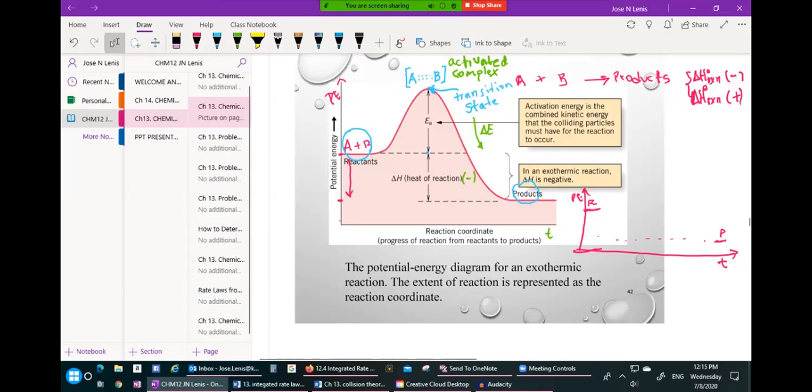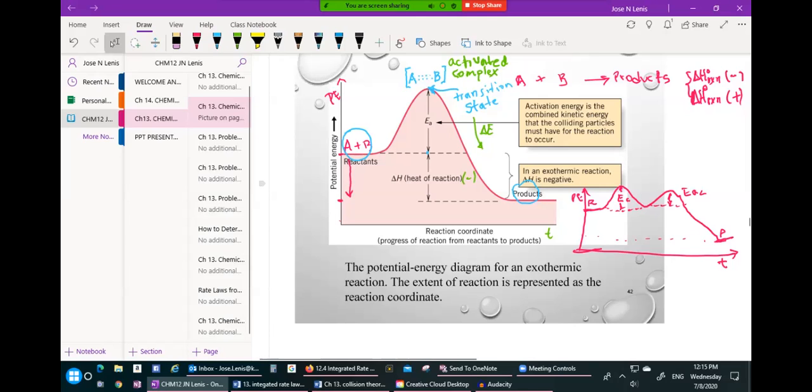So this reaction may go through 2 different steps, right? First hill, first activation energy, and then probably goes to a second step. So here we have the activation energy for the first step, and also activation energy here for the second step.